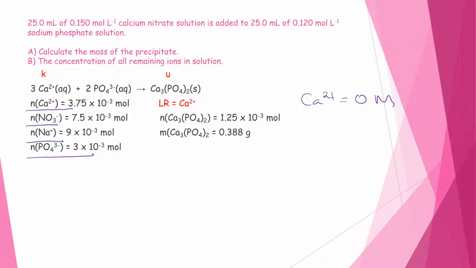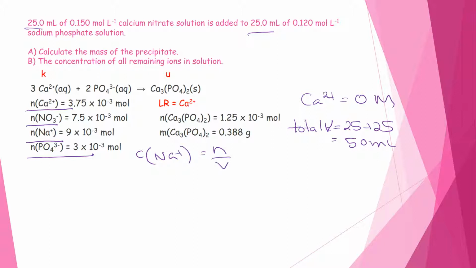Now in order to find the concentration, we need to know the moles and the volume. So our new volume for this solution is going to be equal to 25 add 25, which is equal to 50 ml. So the concentration of the sodium ions is equal to N on V, which is equal to 9 by 10 to the negative 3 divided by 0.05, which comes out to 0.180 moles per litre to 3 significant figures.